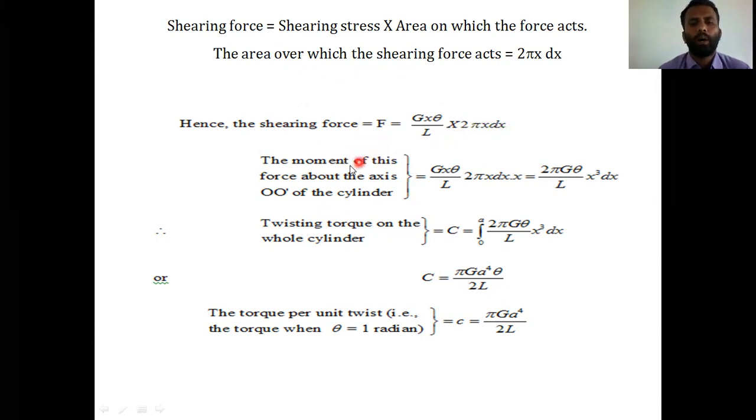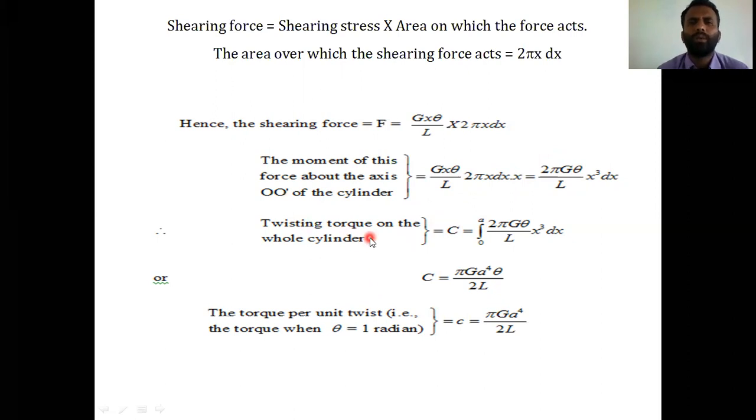The moment of this force about the axis OO' of the cylinder equals G x theta divided by L times 2 pi x dx times x, which equals 2 pi G theta divided by L multiplied by x cubed dx.